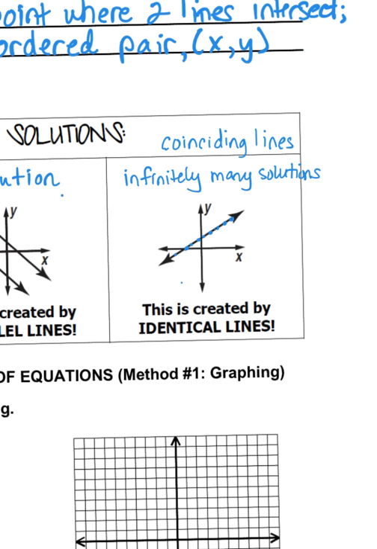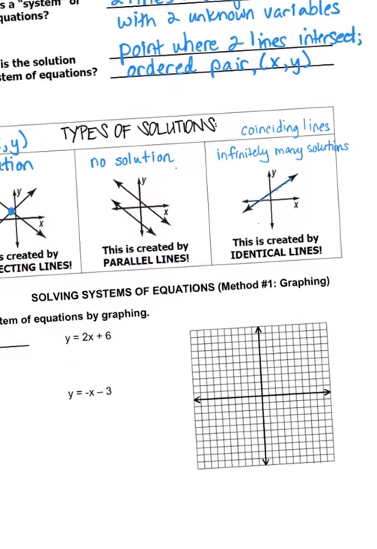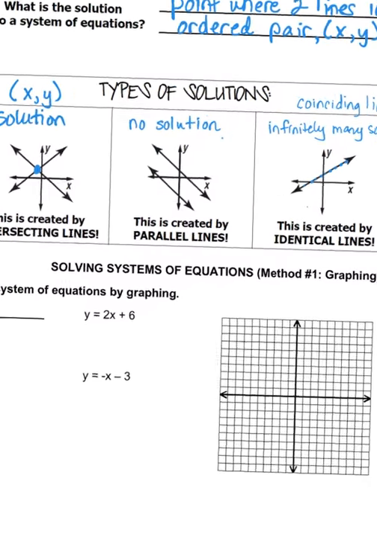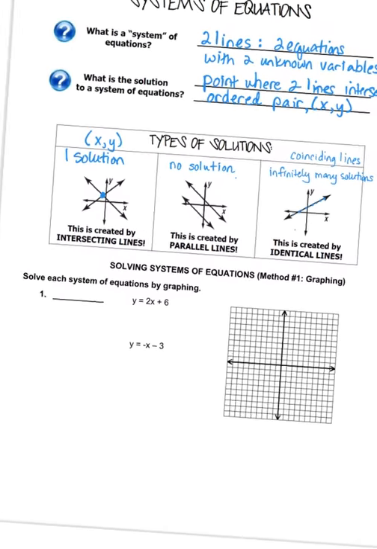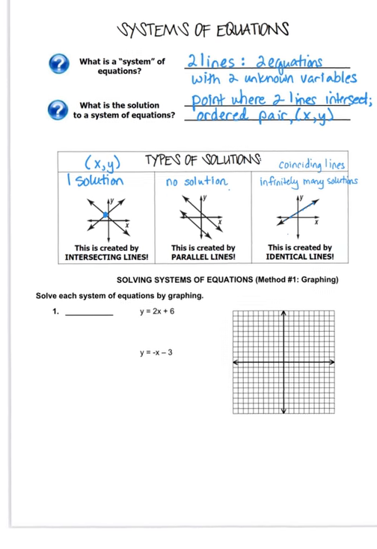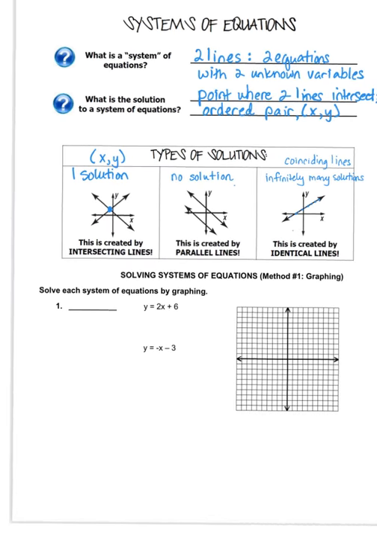Let's take a look at some of these problems so we can see what we're looking at. When you have two equations, what you need to do is graph both of the lines and then see if they intersect. That will be their solution. In this case, I've got these two lines.